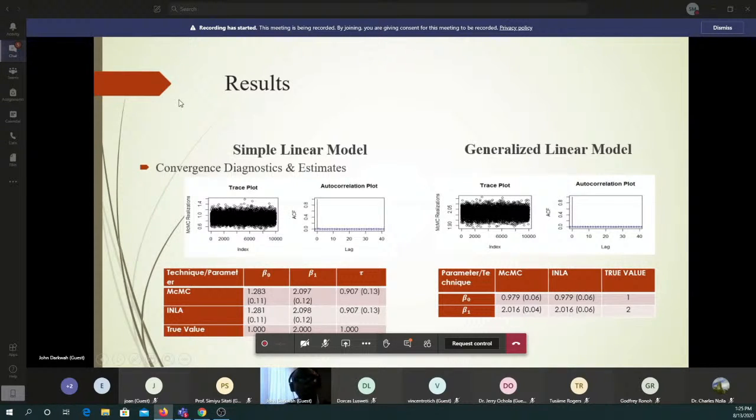And for the autocorrelation plot, we also see that the dependencies of the realizations were 10 iterates apart. So we see on the lag axis 0, 10, 20, 30, 40, and so on.